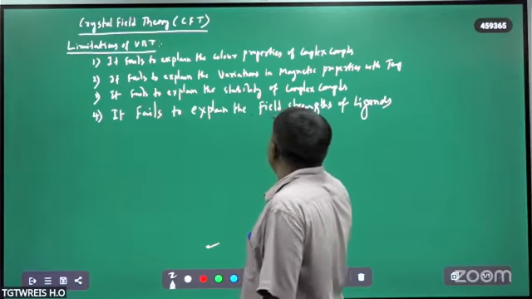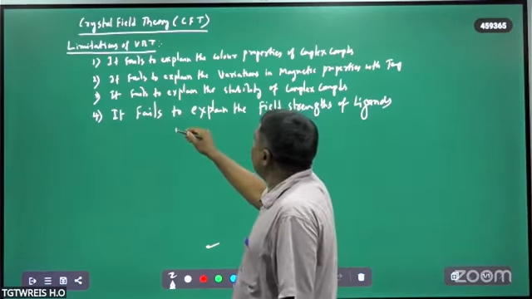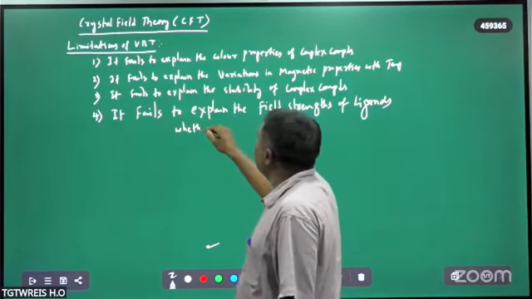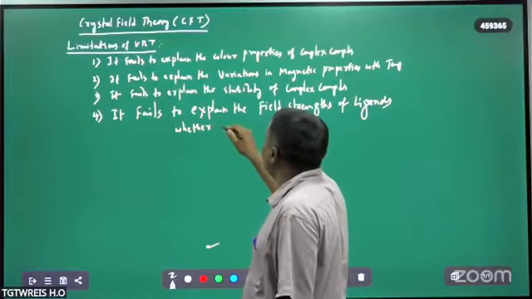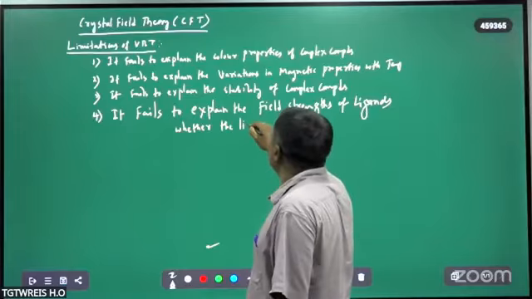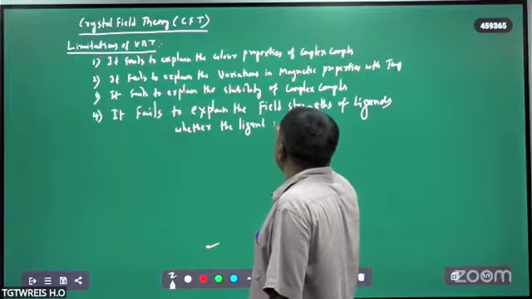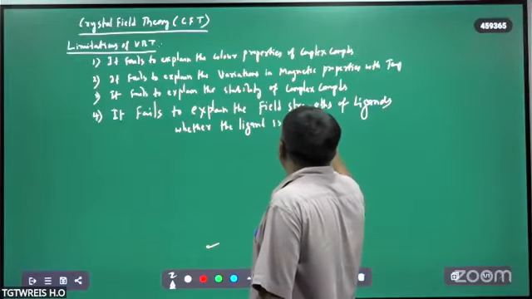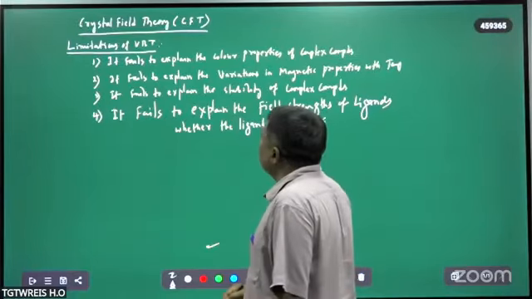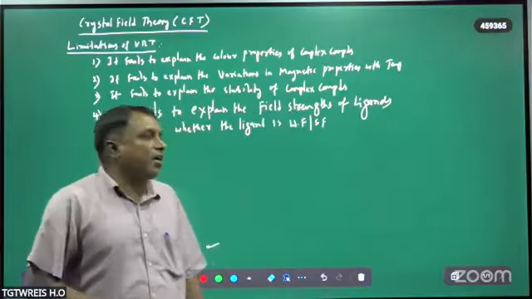It fails to explain the field strengths of ligands, whether the ligand is strong field or weak field. This cannot be explained by valence bond theory.